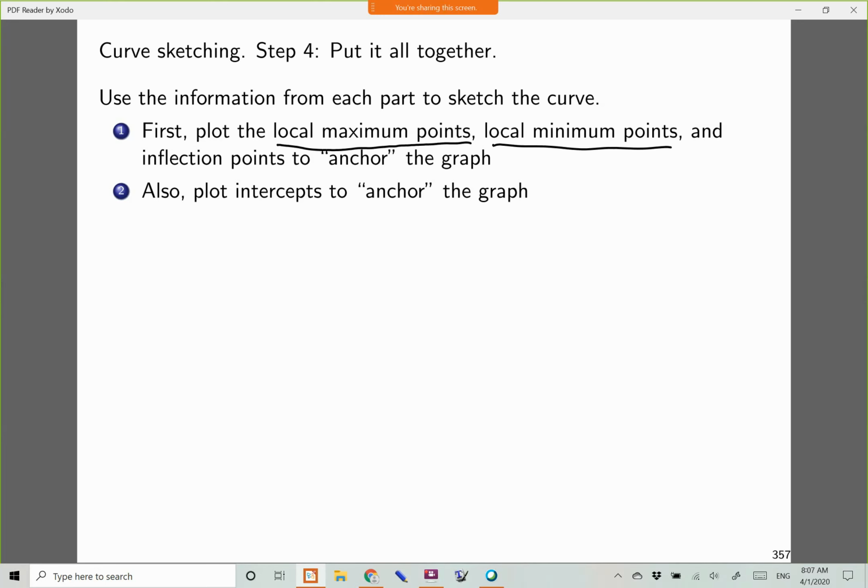Those are your anchors. My graph goes through this point and through that point. Same thing if you get any x or y intercepts, then plotting those points specifically on the x or y axis tells you part of where the graph is. And once you have a couple of those points in place, then using information about where f increases or decreases or what the concavity is helps fill in the picture. So it's good to have some anchor points, otherwise where are you going to draw?